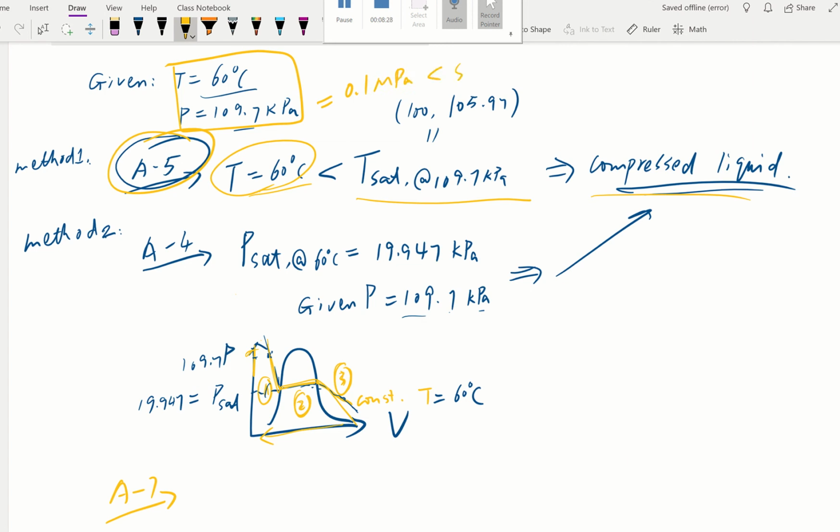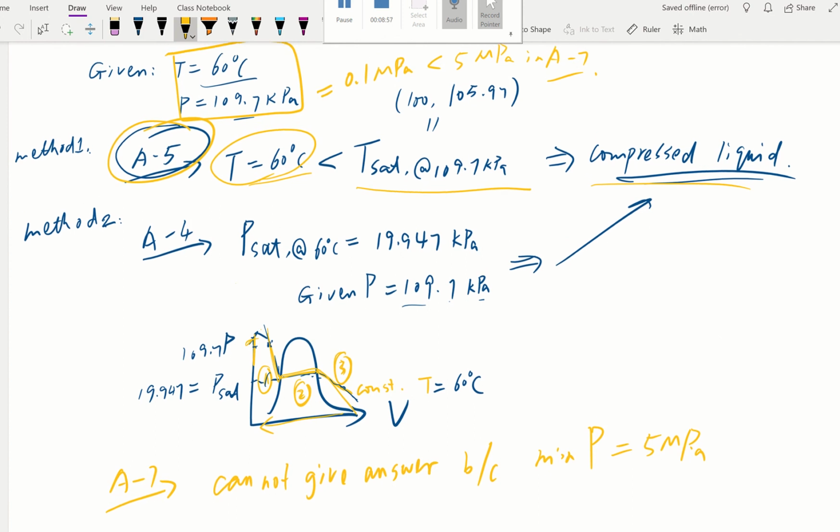It's way less than this 5 megapascal in table A7. So we're stuck. In other words, A7 cannot give us the answer, because the minimum pressure they have there is 5 megapascal. Ours is 0.1 megapascal. Then what do we do?